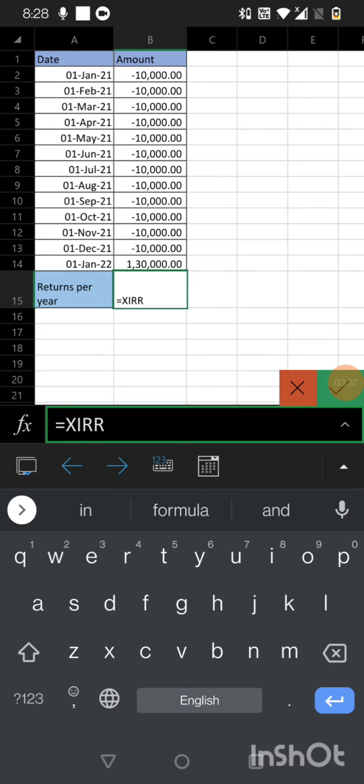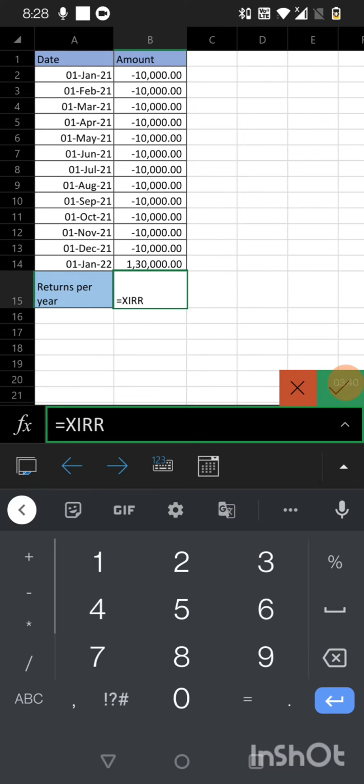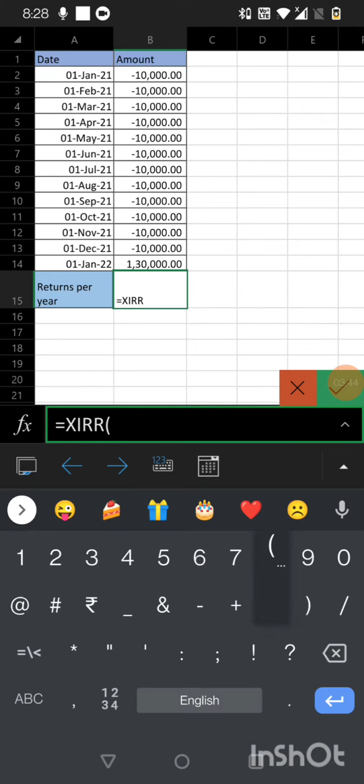Okay, XIRR. XIRR is the rate of return per year. Then what we need to do, I have selected the amounts in the first row, and then we need to select the dates here.